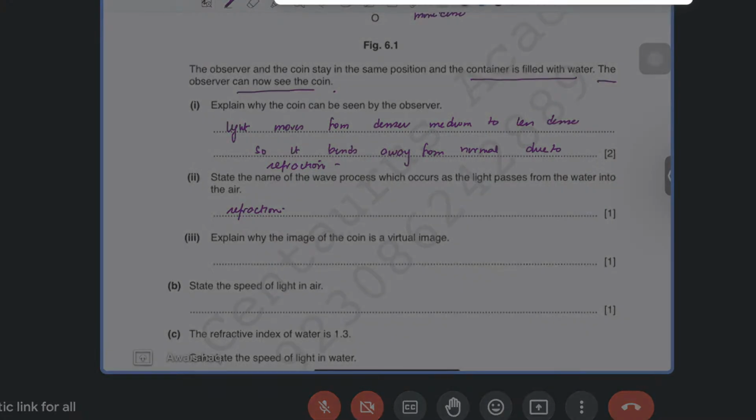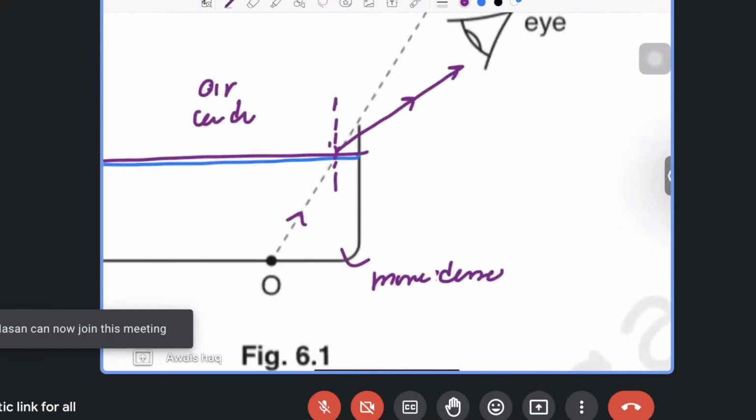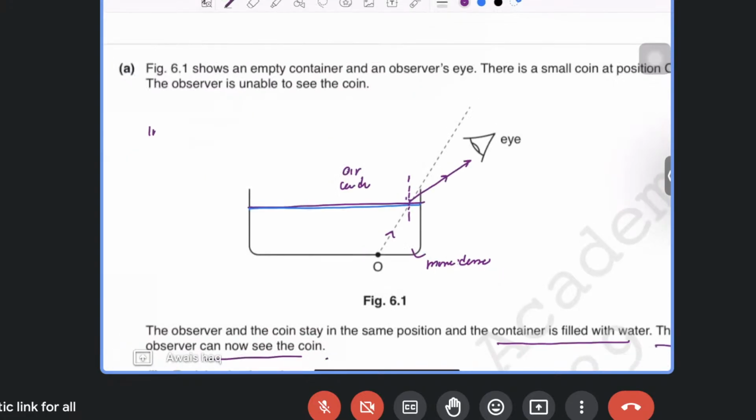Now, the reason why it is a virtual image is because you need to understand that an image only forms when the rays meet. So the rays go like this. You can make another ray. Let's change the color to do that. Another ray goes like this, and now you can make a normal line here, and it will also bend away from normal like this.